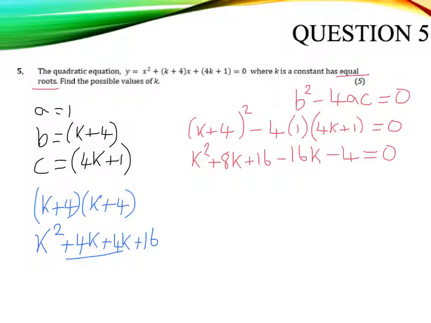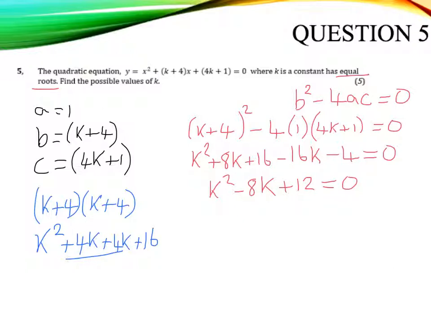Now I need to collect all my like terms together. So I've got k squared, I've got positive 8k minus 16k, so minus 8k, and I've got positive 16 minus 4, which is positive 12, equal to 0. And now I need to work out what k is. Well, I've got a quadratic in terms of k.